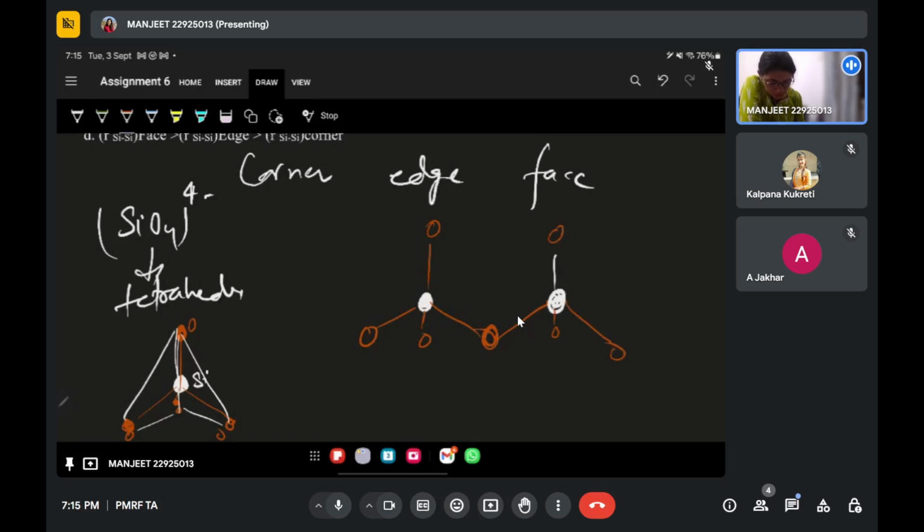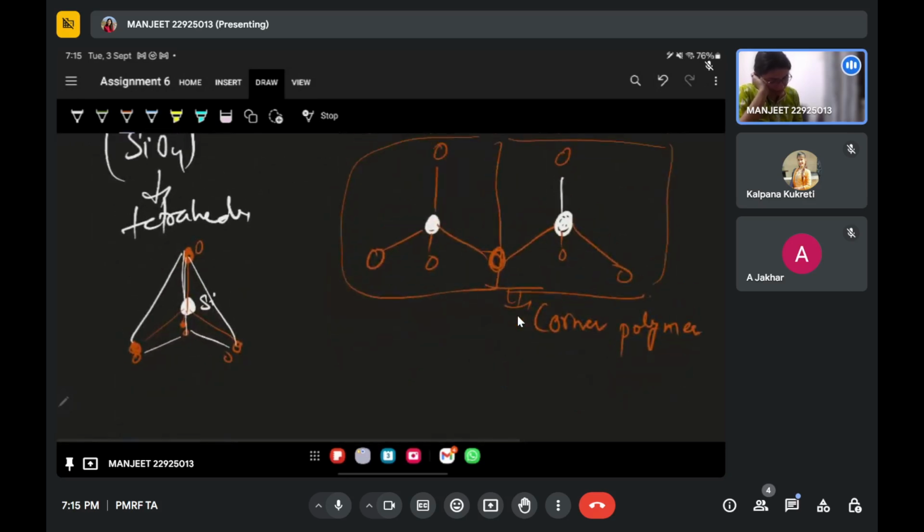So these tetrahedra are connected through a corner oxygen atom. We call this the corner polyhedra, because one of the oxygens is connected to the other one.